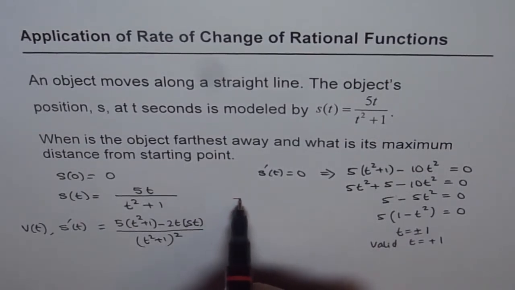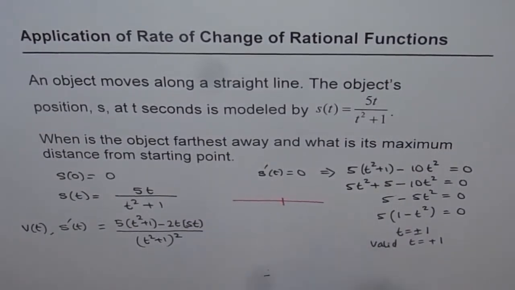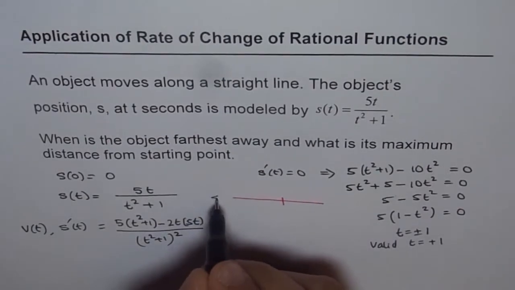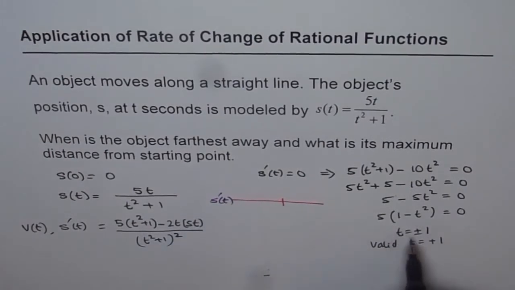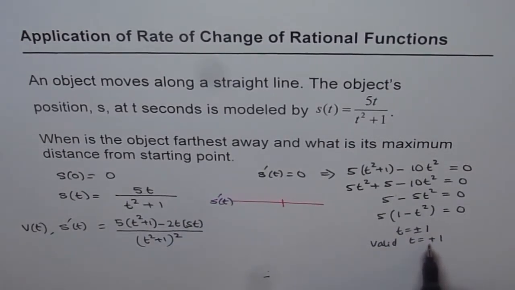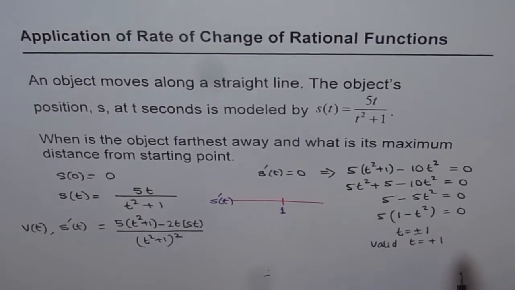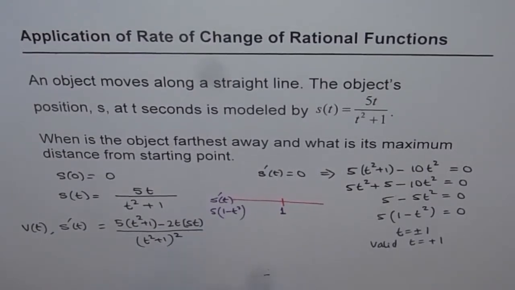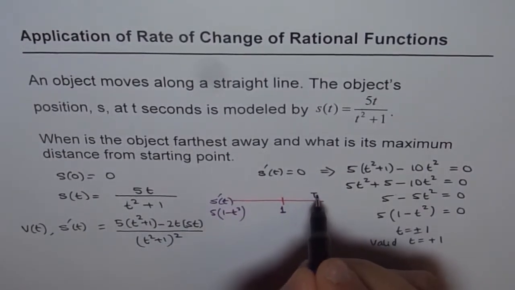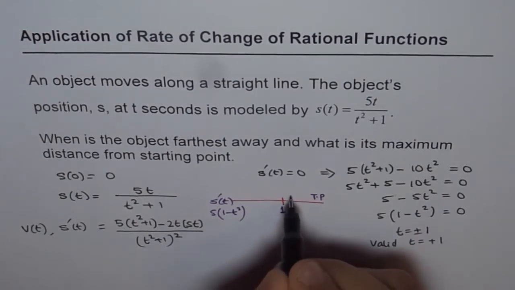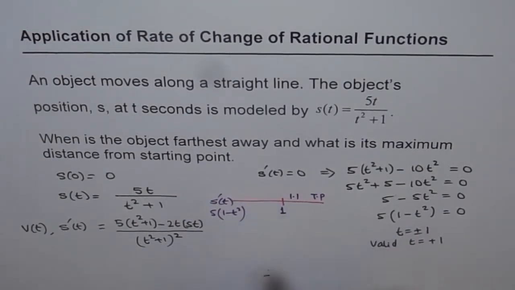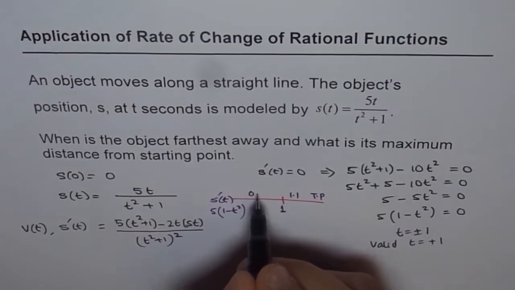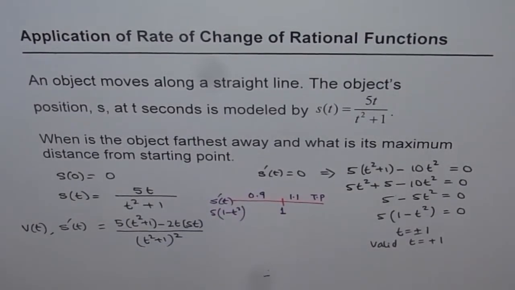Let's check the derivative before and after, right? So here we have s dash t, and the critical point is when t is plus 1. s dash t is 5 times 1 minus t squared. If I take test points of, let us say, 1.1, which is more than 1, and 0.9, what do I find?